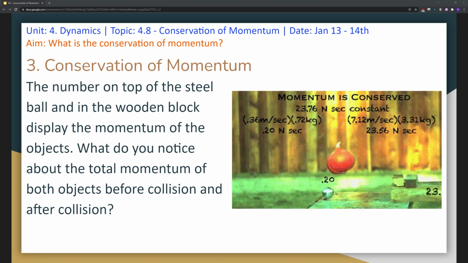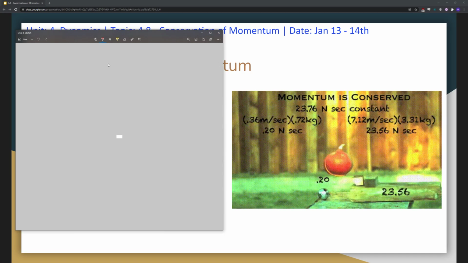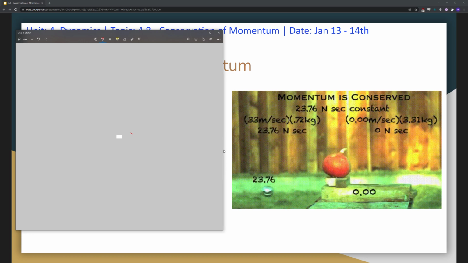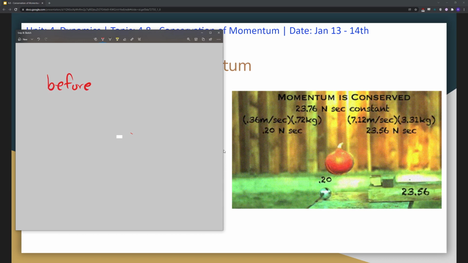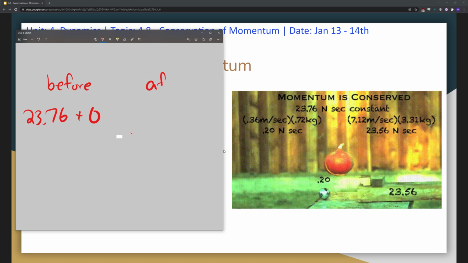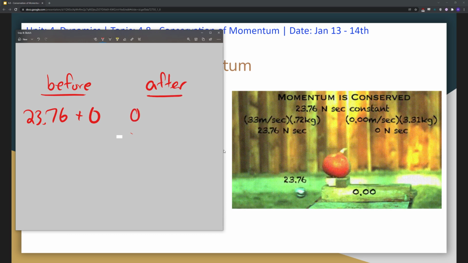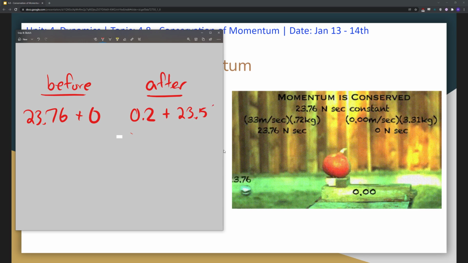Before the collision, the steel ball has a momentum of 23.76 and the wooden block has a momentum of 0. After the collision, the steel ball now has a momentum of 0.2, and the wooden block now has a momentum of 23.56.